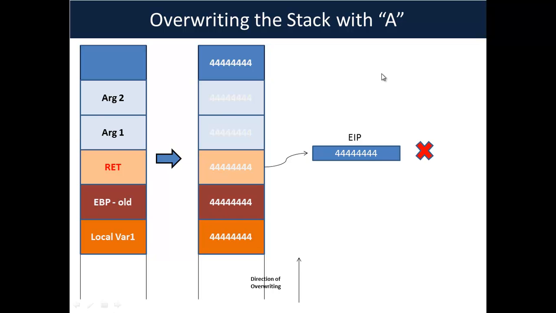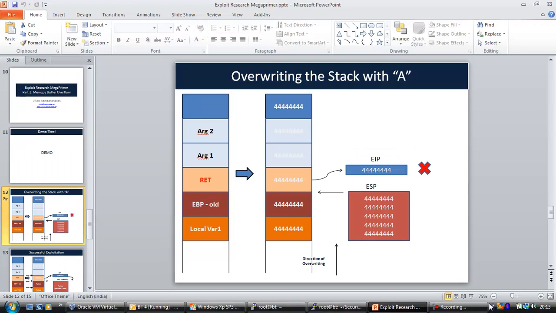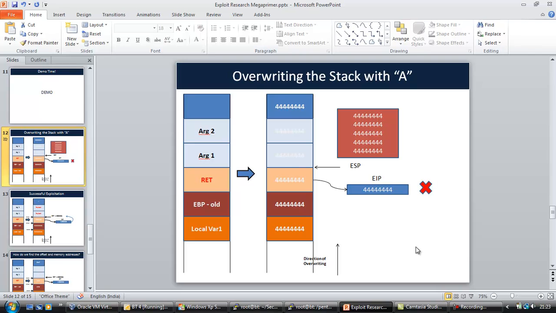Also importantly, as we found, ESP is pointing to a section which also contains a lot of the A characters which we have currently displaced. So this is where we are currently. What you noticed is we've overwritten the entire stack. So let's look at how we can analyze this better.